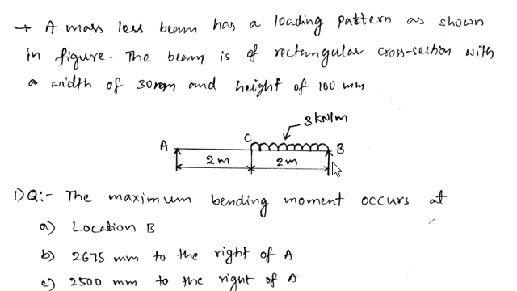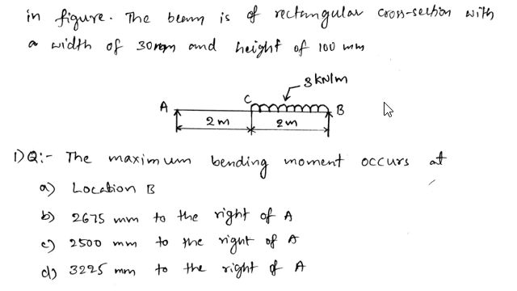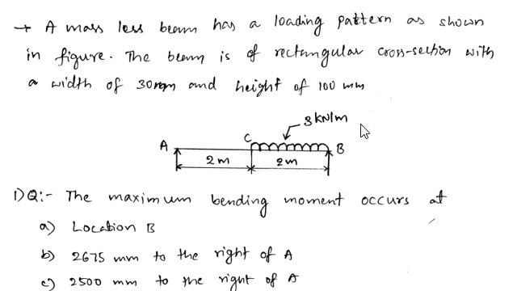If you see the next question, a massless beam has a loading pattern as shown in the figure. The beam is of rectangular cross section with a width of 30 mm and height 100 mm. Here a simply supported beam is given, and a UDL is given up to 2 meters to the right side, with a value of 3 kilonewton per meter.